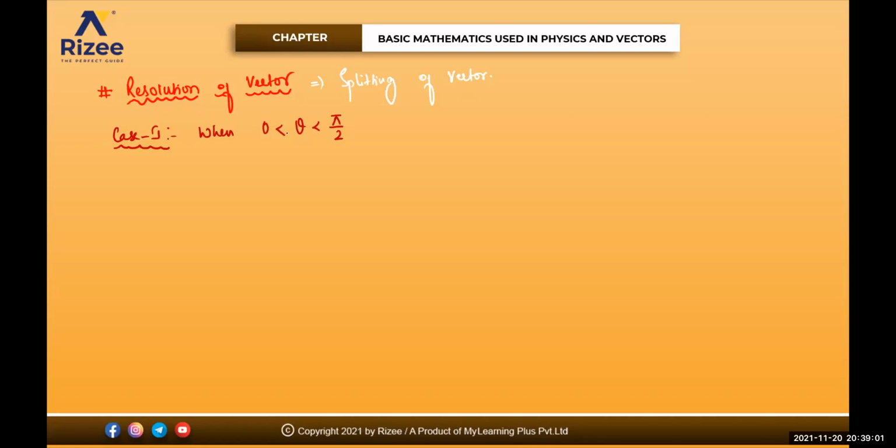Clear? This is the range. That means theta is between 0 and pi by 2, in between 0 and 90 degrees. Clear? Any doubt to anyone?